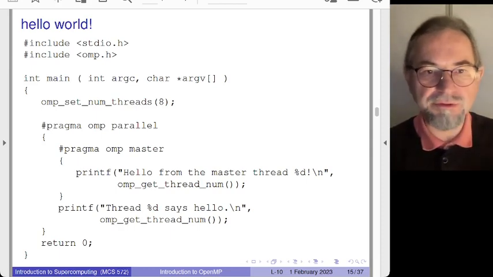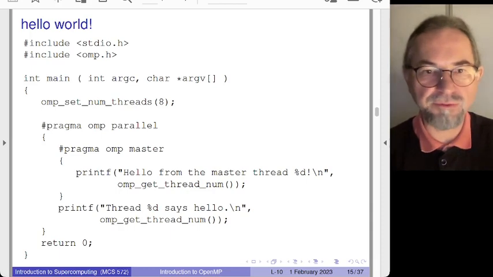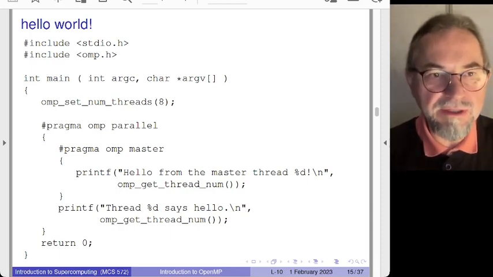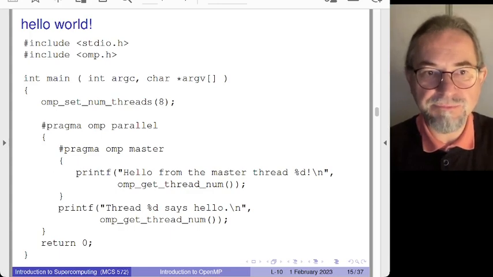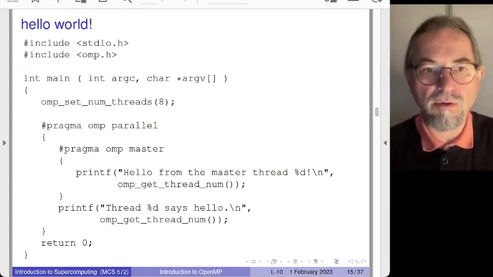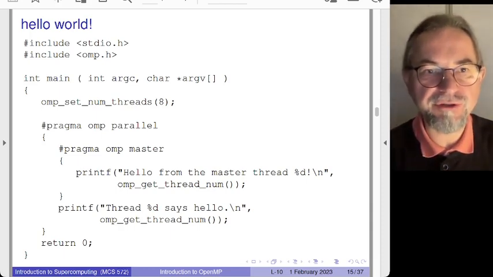And then all other threads will also say hello. So here you see the directives, the pragma omp, and a parallel region that is declared with the hello world, so you can get the identification number of each thread.